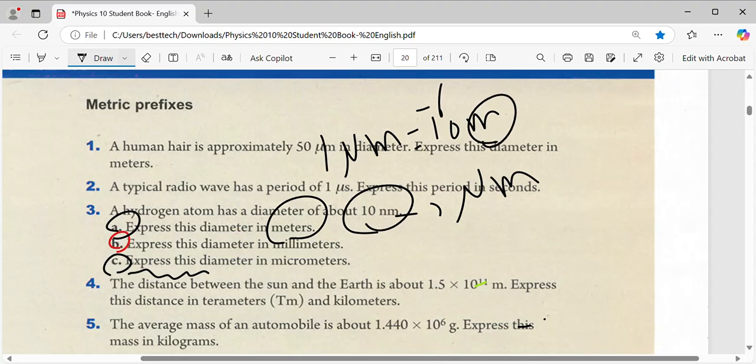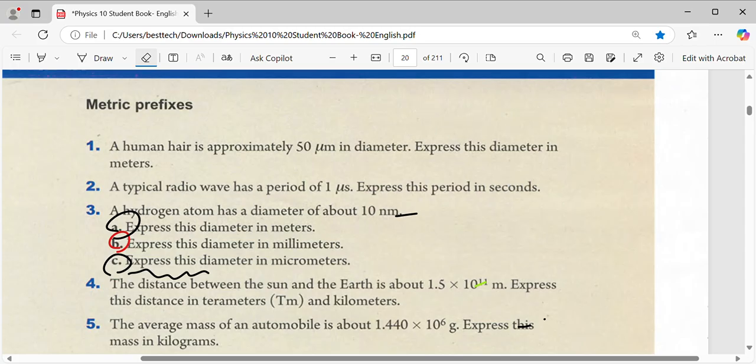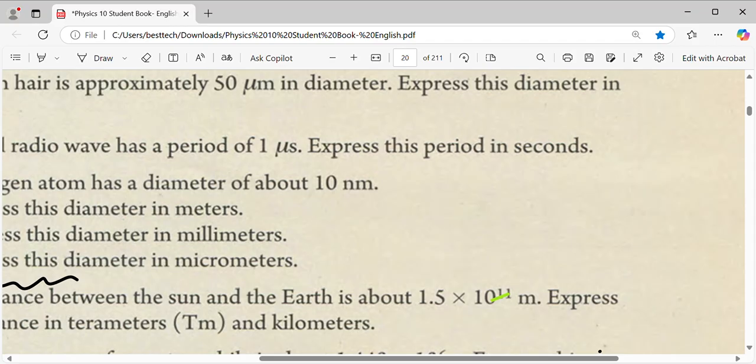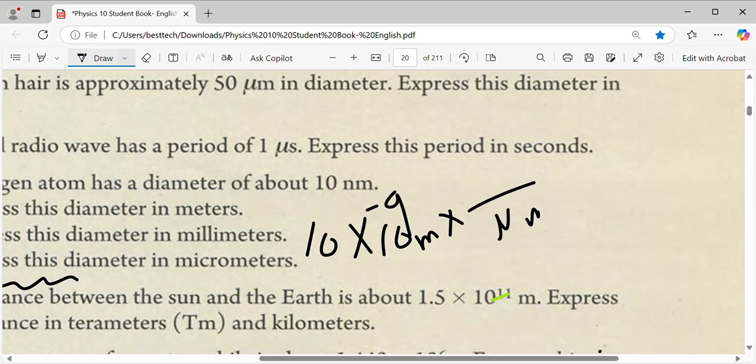So again, part A's answer was 10 times 10 power negative 9 meter. I would like to convert this to micrometer, times.